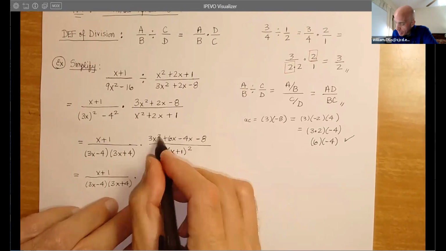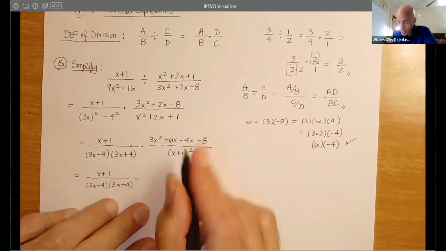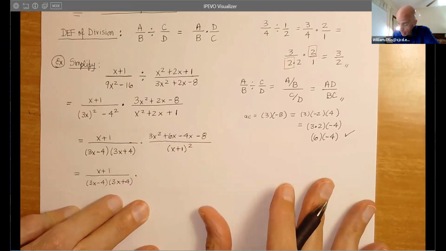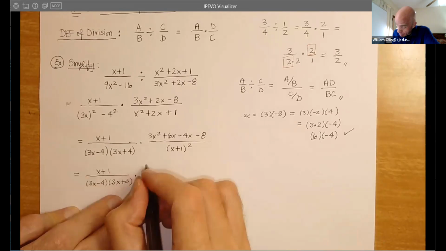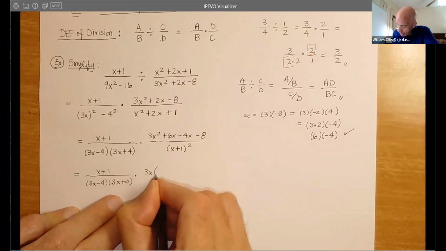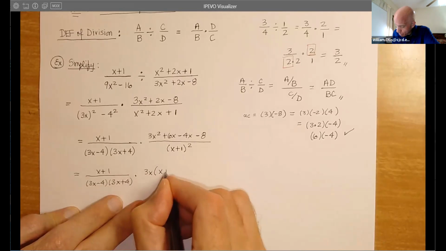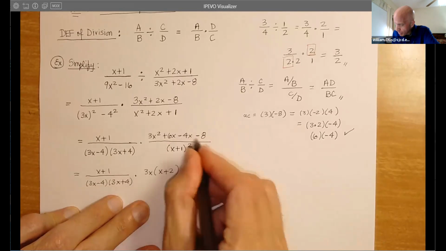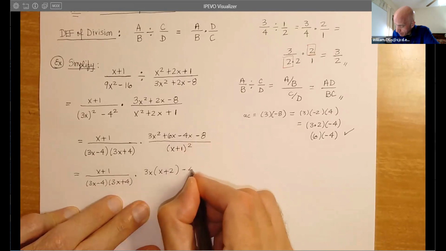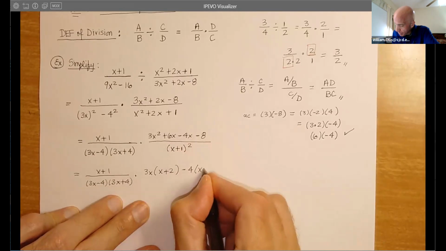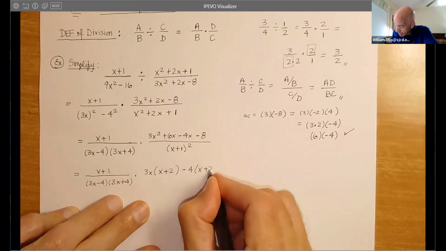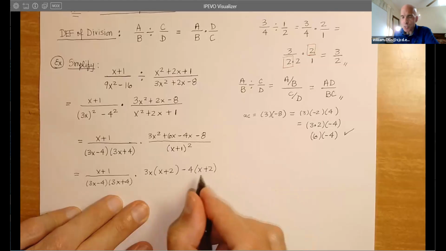And so now we can factor here the 3x. So let's do that. So that gives us a 3x, and we leave an x plus 2. And of course here we can factor a negative 4. Just looking for the greatest common factor. Now, it's easy to slip up.